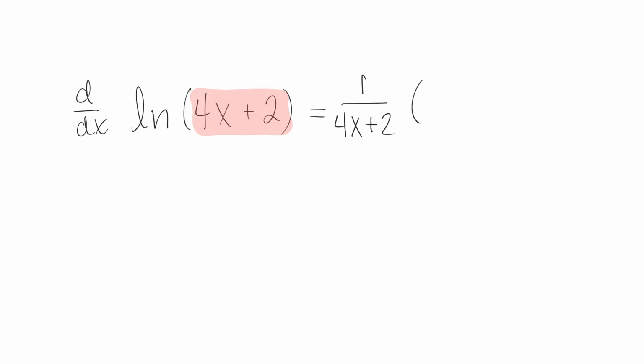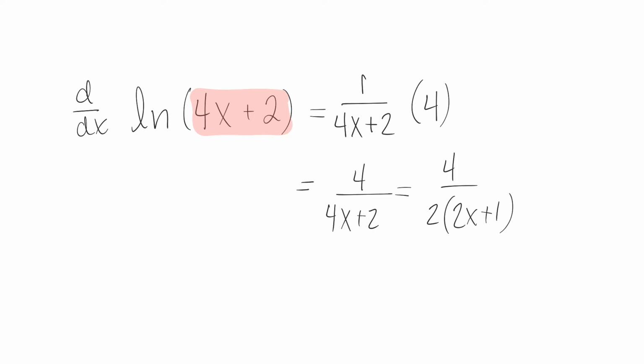The derivative of 4x is 4. So 4 over 4x plus 2. Simplify. Take out a 2 and you have 2x plus 1. Cancel. And you have 2 over 2x plus 1. Don't let that middle school math get you.